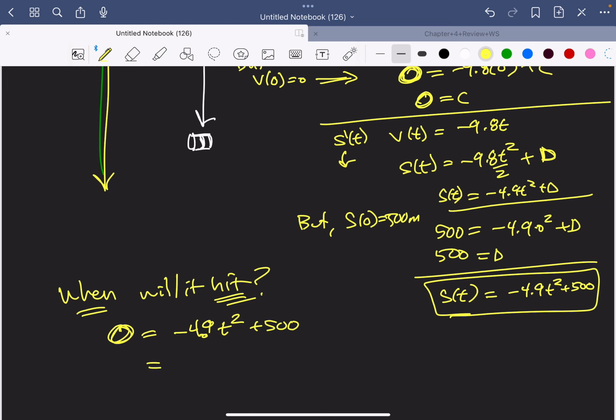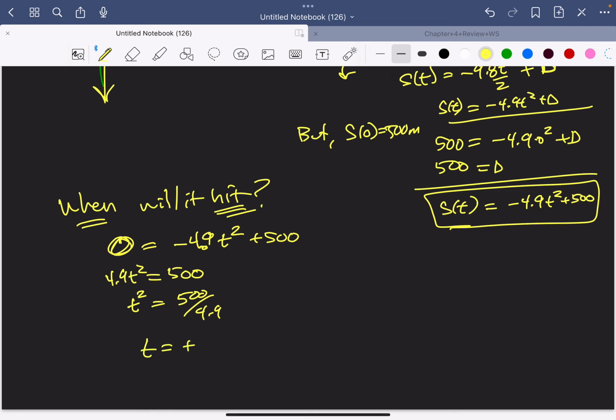And so you get that 4.9 t squared equal to 500. It's going to be more than 10, excuse me, it's going to end up being 10.1. So when we do this, we get 500 divided by 4.9.